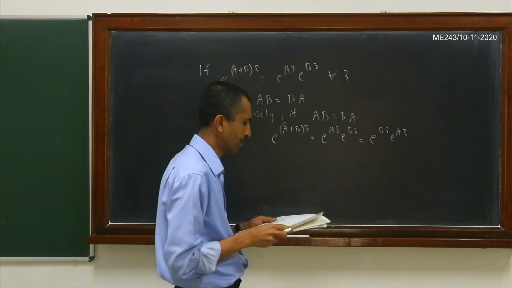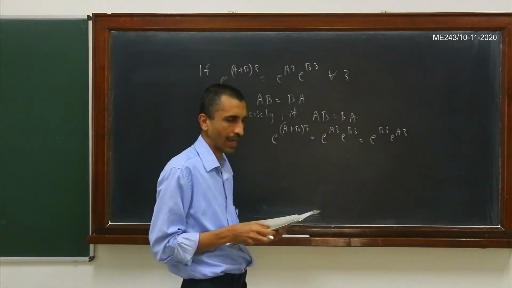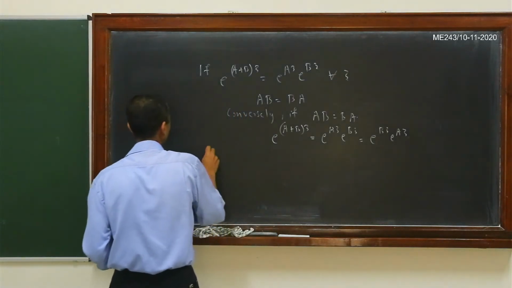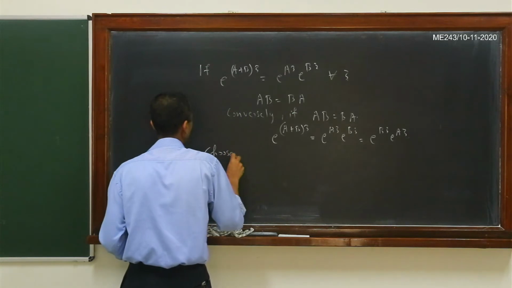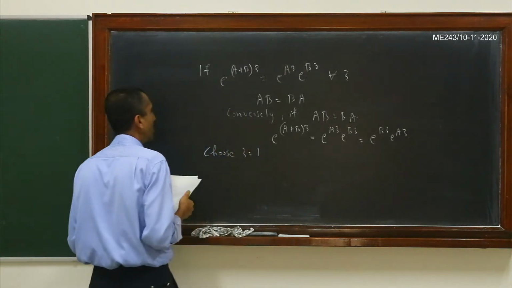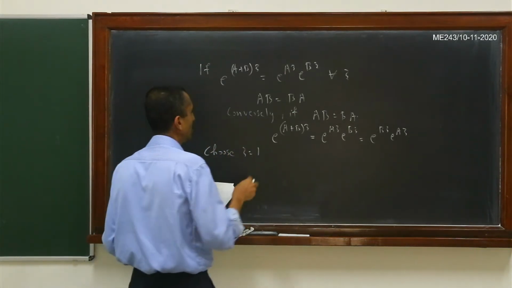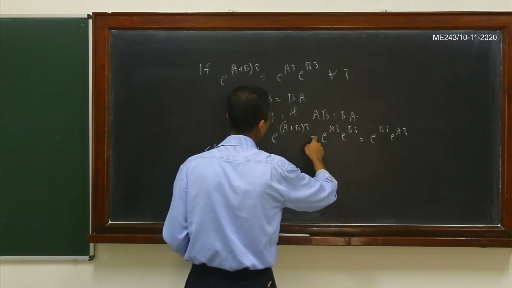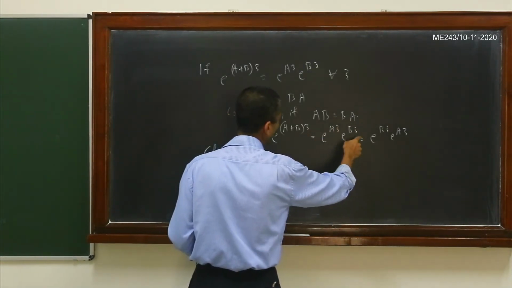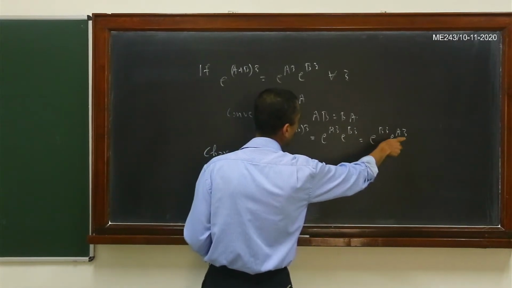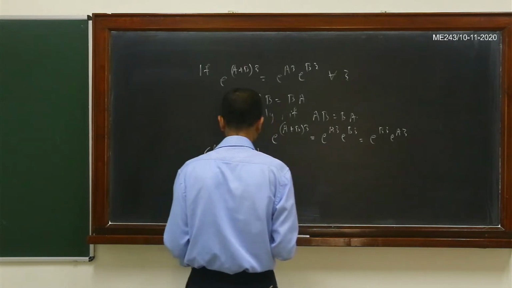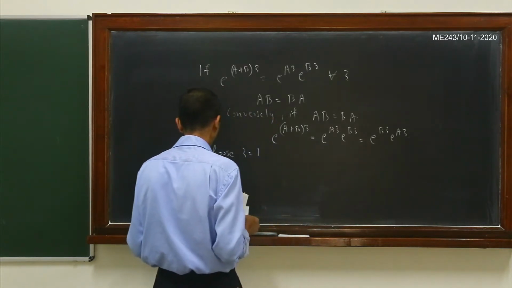So if you choose now xi equal to 1 in this particular result here, then in that particular case we will see that if AB is equal to BA, then e to the (A plus B) is equal to e to the A e to the B, which is also equal to e to the B e to the A. So let me just write that here.